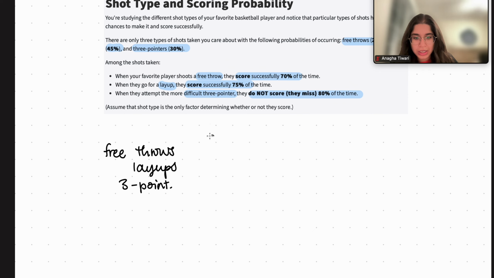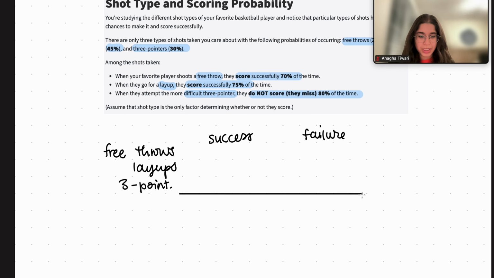So I'll make two columns, success and failure, which means you missed the shot. Our probabilities are just going to go within these columns. And then finally, we're going to have our marginal totals, which are going to be in the margins. That's why they're called the marginal probabilities.